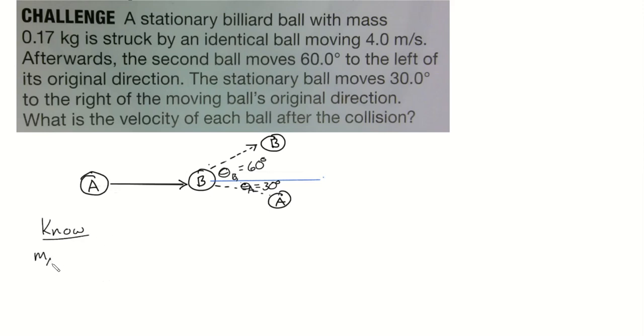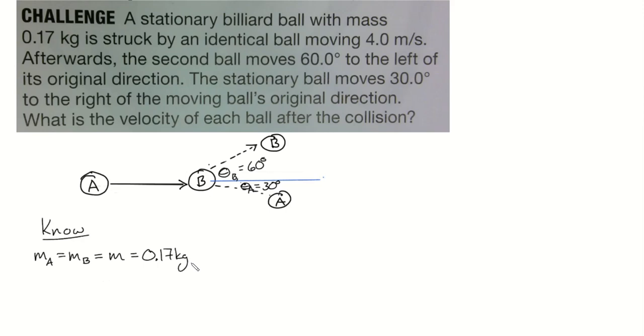So I'm going to say MA equals MB. And for simplicity's sake, since they're the same, can we just call it M? Like it's the only mass that we have, right? If you want to use A and B, we can. But because they're the same, we don't need the subscript. Everybody okay with that idea? And what is the mass? 0.17 kilograms. Thank you, Riley.